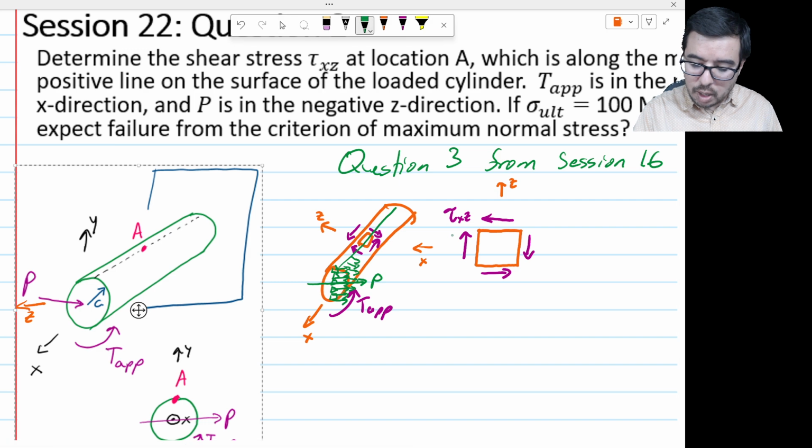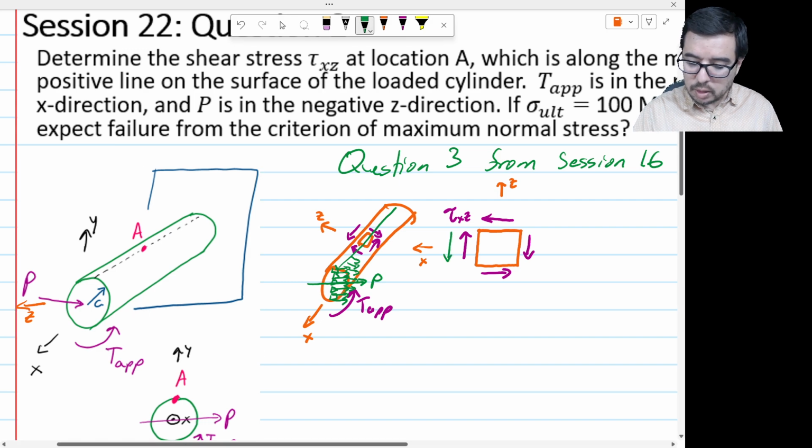That's going to be going the opposite direction, so it's going to be something like this. This is the tau due to P, and it's still acting on this XZ plane, and we're about to figure out what its magnitude is.